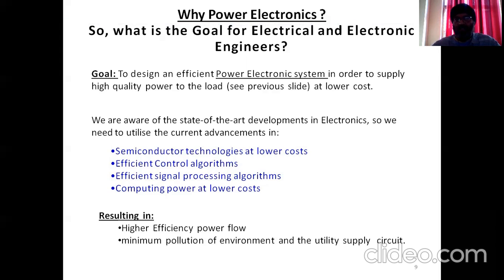No dangerous gases, no greenhouse effects, no carbon footprint. So we are actually improving the efficiency at lower cost, and at the same time, we are saving the environment from dangerous emissions. So that is the goal of power electronics and the ways to achieve this goal.